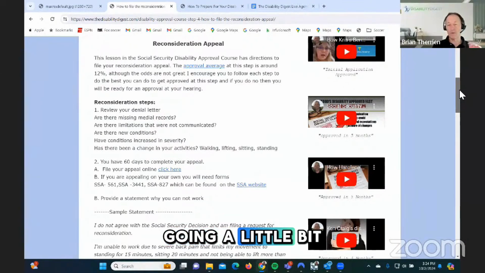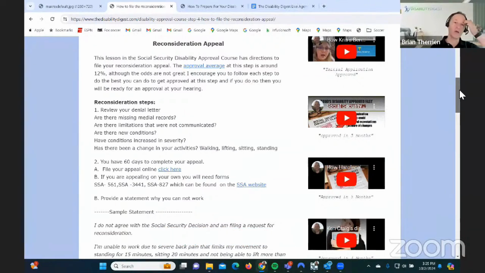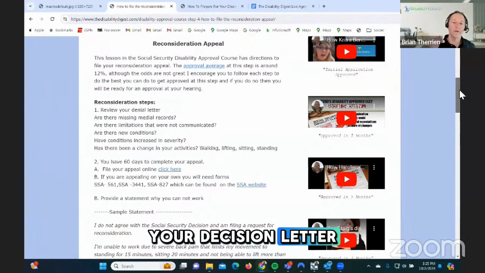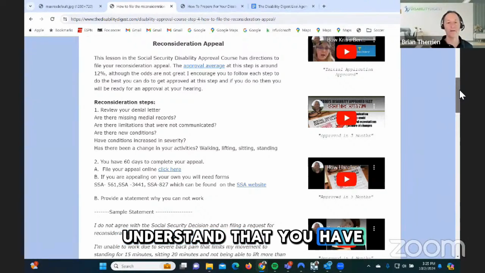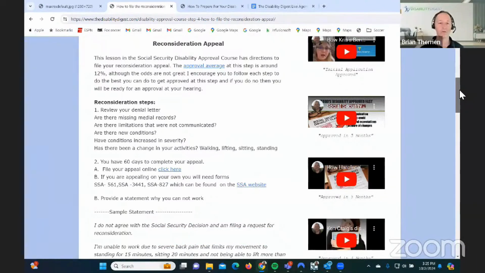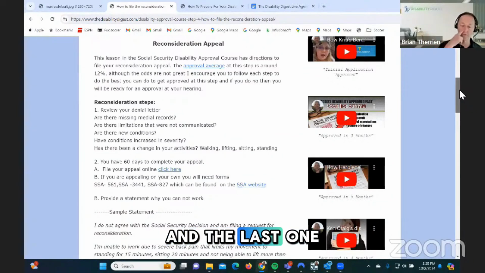Going a little bit deeper, more granular into this, they'll list in your decision letter the conditions that they understand that you have. And if you have a condition that is considered severe, and this is kind of a 2-part, it's like the second one on the list and the last one.